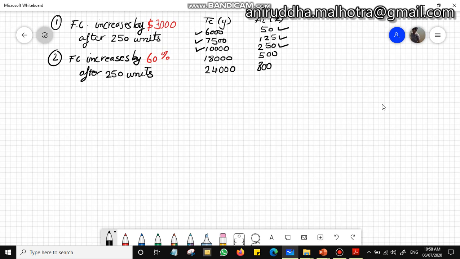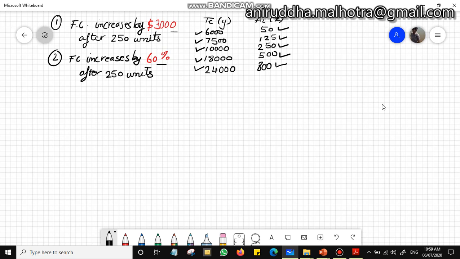So we'll see how we can tweak the high-low method in order to calculate the value of B in both the cases, where you have an absolute amount, that is $3,000, or where you simply have a percentage, that is 60%. Now coming back to the example, when we produce 500 units, we have a total cost of $18,000, and when we produce 800 units, we have a total cost of $24,000.